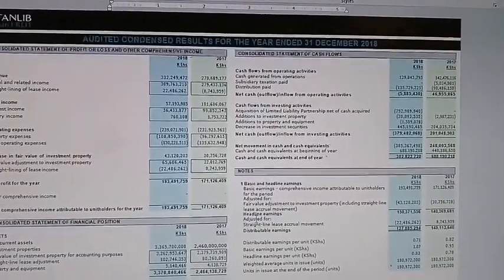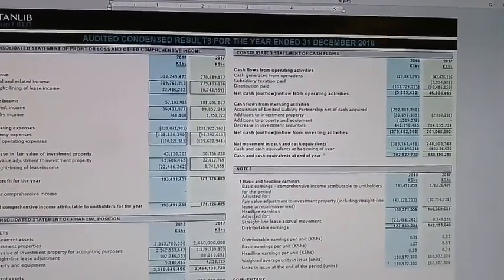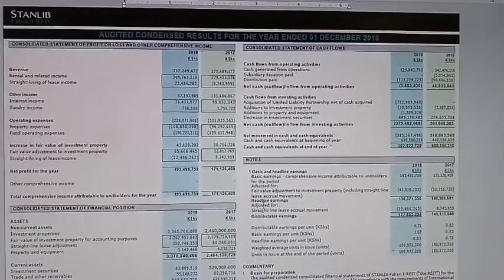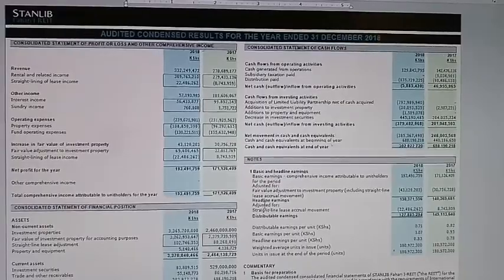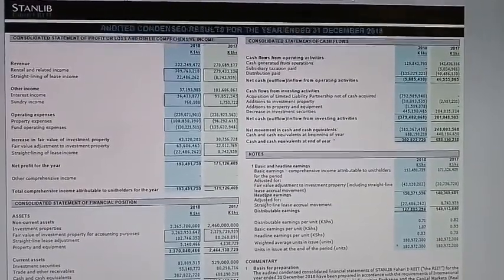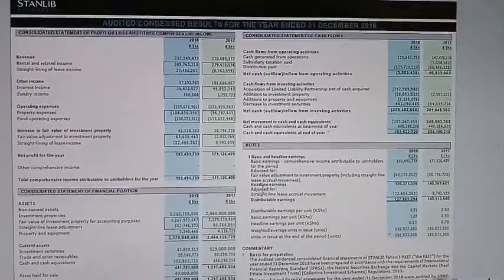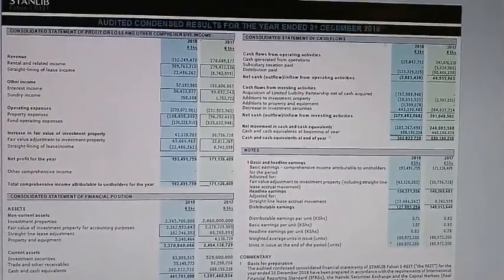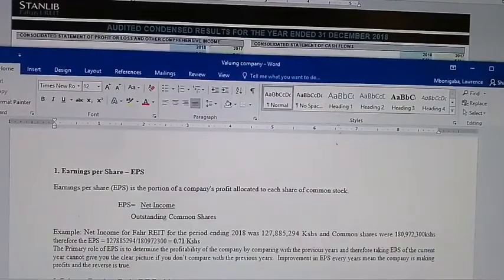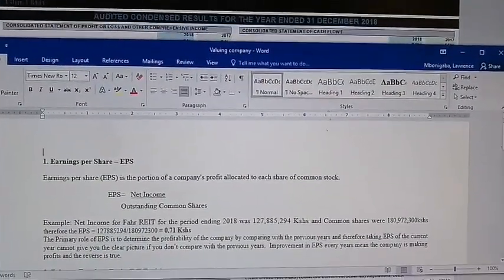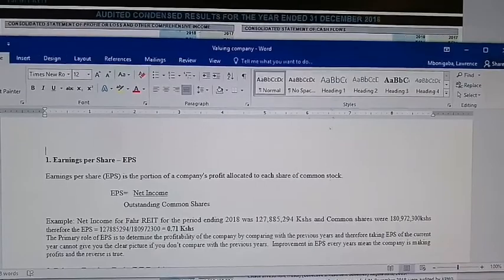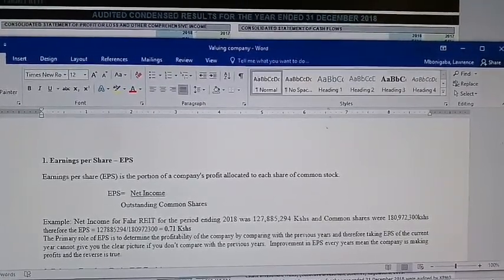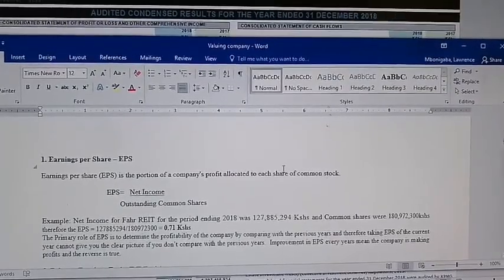There are 2 or 3 things to note. Number 1, when you're analyzing ratios, they should go hand in hand. No single ratio is all-important. Therefore, you should take all the ratios together to see how the company is doing. But one, like EPS, earnings per share, single-handedly can tell you how the company is performing or not.